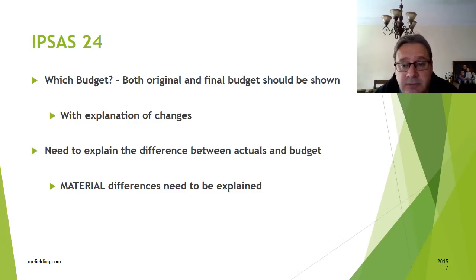Your budget has to be ready by the 31st of December, and then there will be revisions often at 30th of June and 30th of September. So basically you're going to get 3 different budgets. So the question is, which budget do you use? Well, the standard does actually address that. It says the original and the final budget. So presumably you're just going to do the reconciliation from actual to final budget.